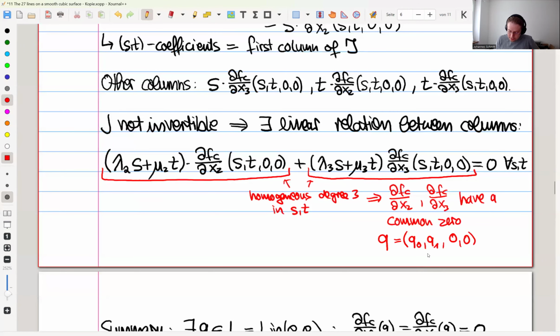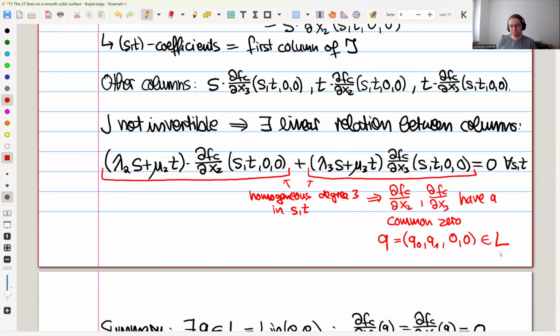So we see this as a point (s, t) inside P1 where they have a common 0, and this P1 lies in these coordinates like this. This parameterizes this line L. So basically these 2 polynomials have a common 0 at some point in L. And now we want to reach a contradiction. In fact, the contradiction that we want to reach is that there's one assumption which we have not used yet in this entire proof, namely that X is actually a smooth cubic surface.